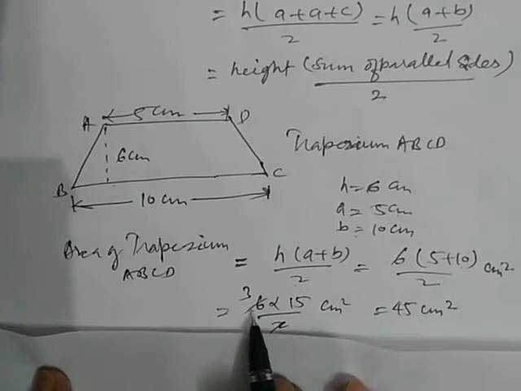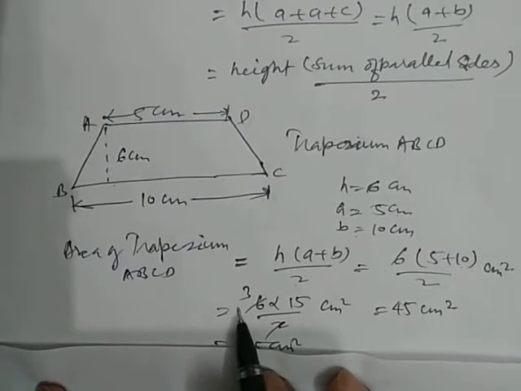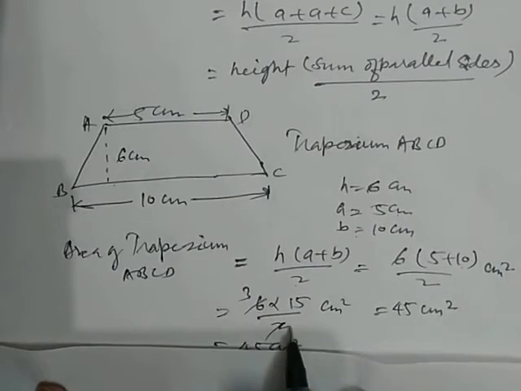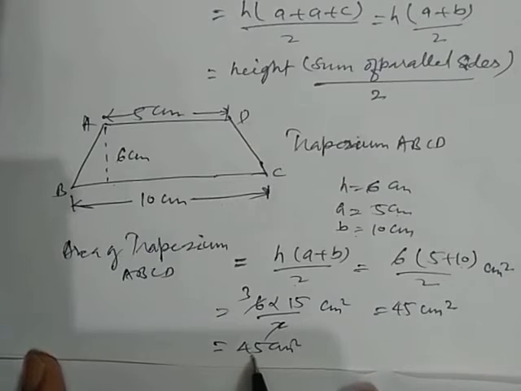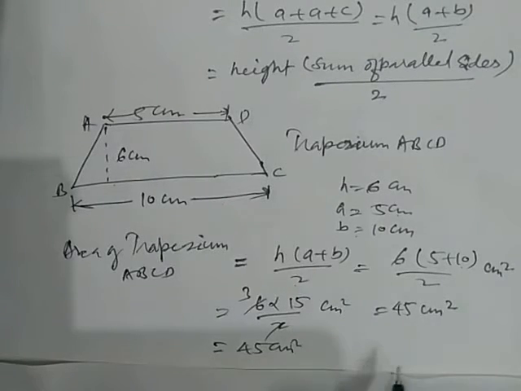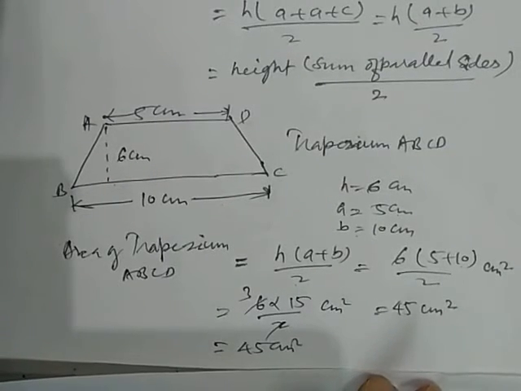That is 15, then this is 6. 6 cancels out 3 times by 2. So 15 into 3 is 45. So the area of the trapezium is 45 centimeter square. This way we can solve problems of calculating the area of a trapezium.